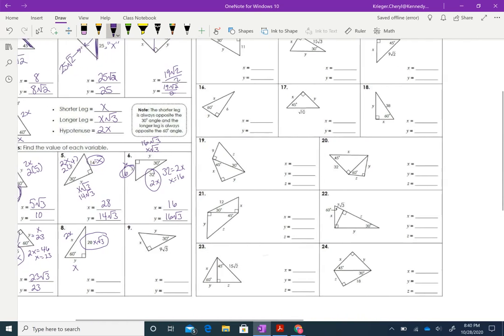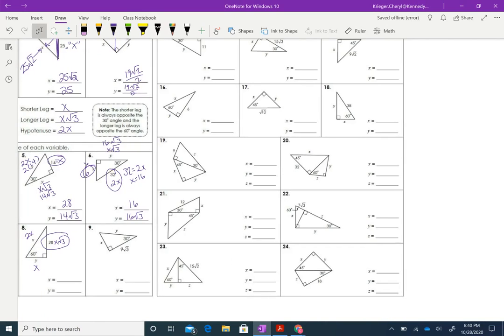Okay, and I'll come over here to show you how to do this. x root 3 equals 20. Okay, and we divide by the square root of 3 on both sides to get x by itself. And remember, they don't like square roots in the denominator, so we multiply by root 3 over root 3.